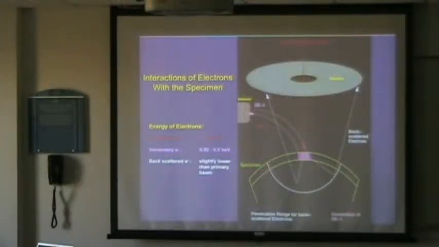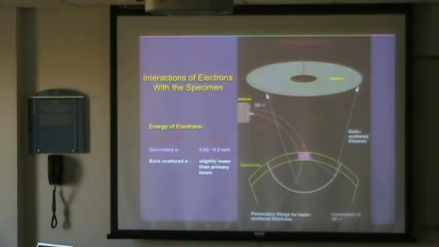If you have a thick sample like in an SEM, then what's happening is something like this. You have an incoming primary beam. That beam has a certain energy, let's say roughly 30 kV. That beam hits the surface, and these electrons at that speed distribute in an area like this, and actually all over the place, they generate what are called secondary electrons, which have a much lower energy.